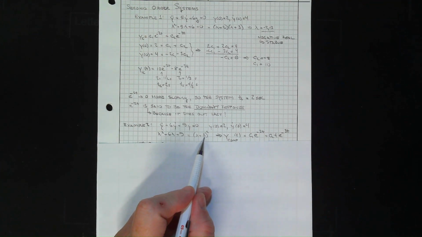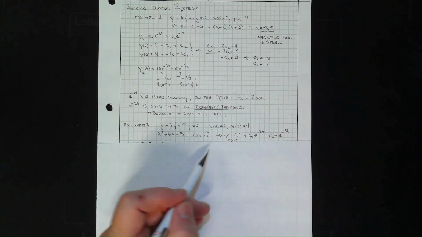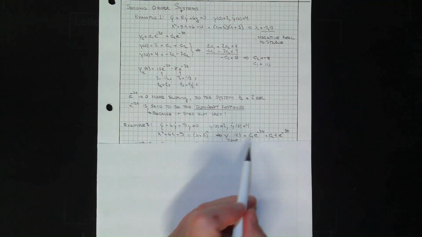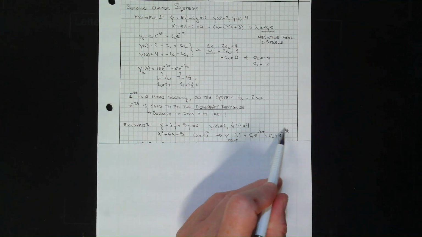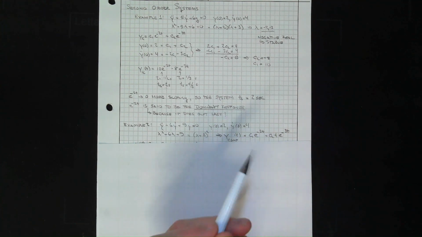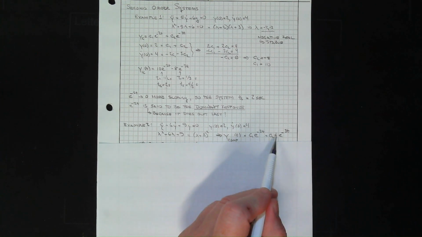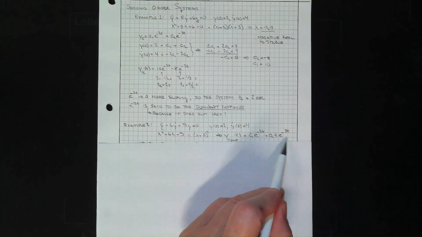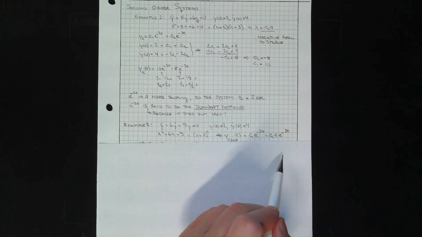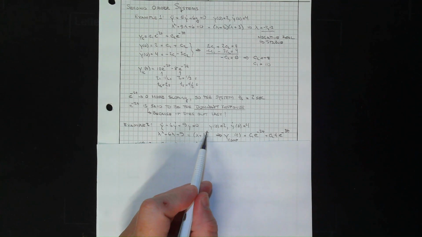So when you have roots that are repeated, you don't just have c1 e to the minus 3t and a c2 e to the minus 3t repeated, because then you can just add them together. What you have to do is you do have one of them, and then you add a t to the next one. And let's suppose you had a third order system and we had lambda plus 3 to the third.